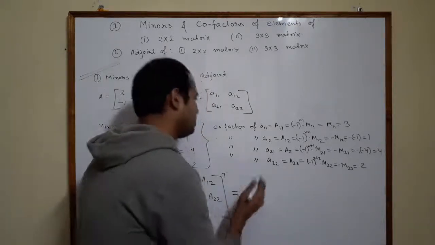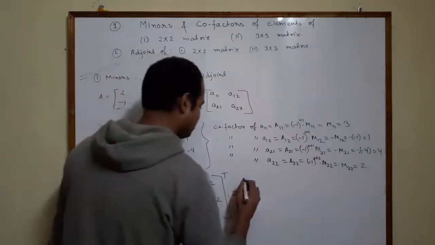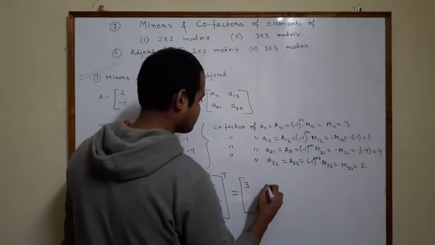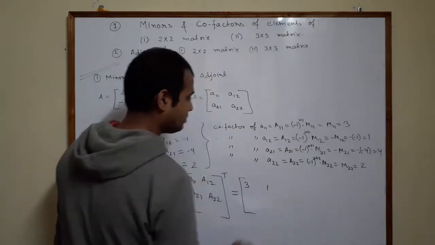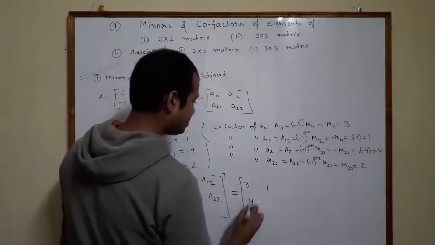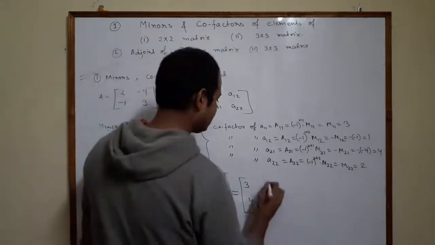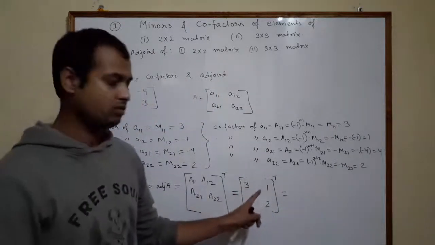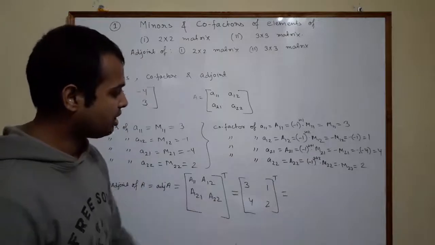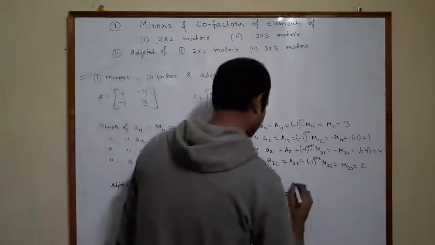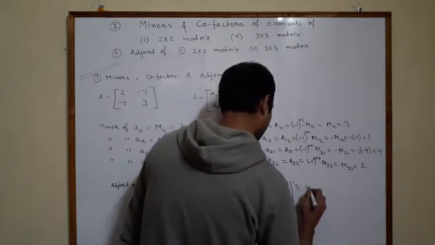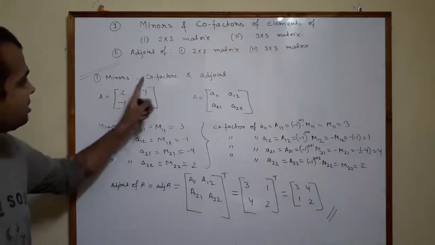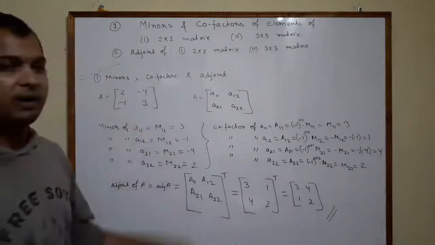In this case we have already found them. So simply substitute: A11 is 3, A12 is 1, A21 is 4, and A22 is 2, and then transpose. The transpose of this matrix is obtained by interchanging the rows and the columns, so we get 3 1 4 2. This is all about the minors, cofactors and adjoint of 2 by 2 matrix.